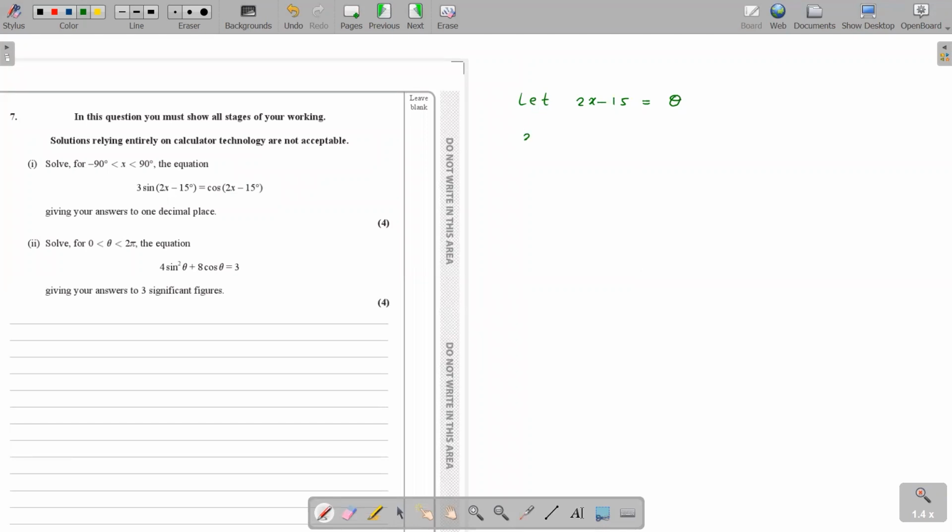So what happens here then? We get 3 sine theta, where theta is 2x minus 15, equals cos theta. So 3 sine theta equals cos theta.